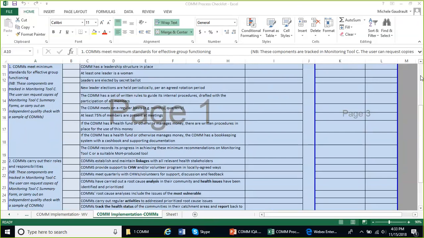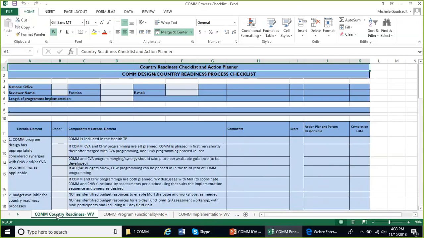Okay. Yeah, let me just read the question as well. I can see it. Okay, just reading the question. Or after things are set up for COMM. Yeah, actually, Carmen, it's a good question. And ideally, I think that the first tab is useful as a guide for assisting national offices to set up their COMM programs.